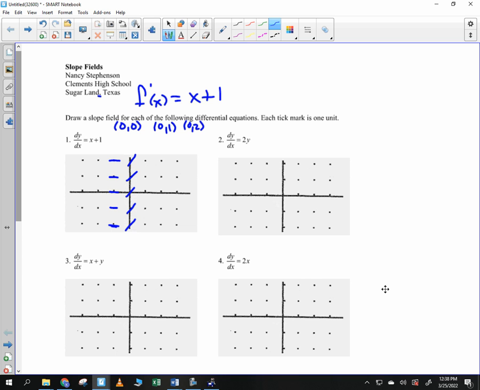What's the x value here? 1. So what's the slope going to be? 2. So just try to draw a little bit steeper than your first one. I'll continue to move to the right. The x value is 2, so the slope's going to be 3.